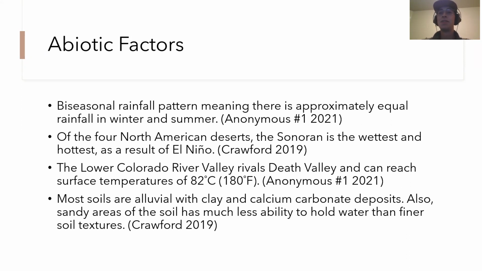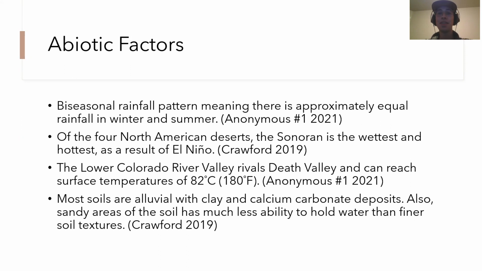And of the 4 North American deserts, the Sonoran is the wettest and hottest, which is a result of El Niño, which is when the trade winds weaken, and that allows the hot water to return, and with that it brings a ton of different weather patterns. In this case, it makes that region along the Sonoran Desert a lot wetter.